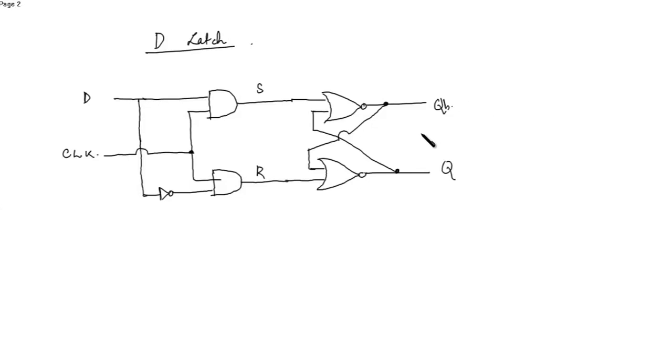So now we'll see the schematic diagram of a CMOS D-latch using the transmission gates.